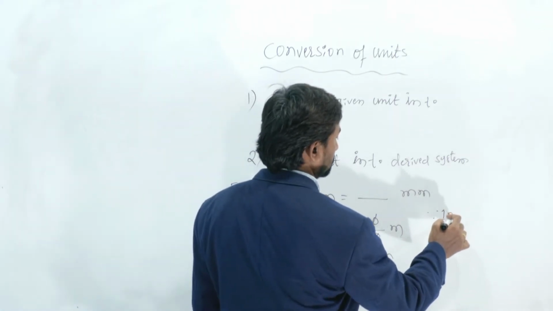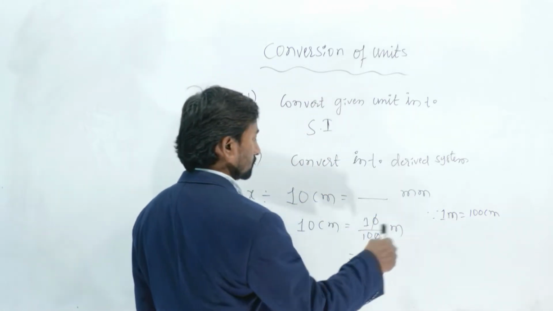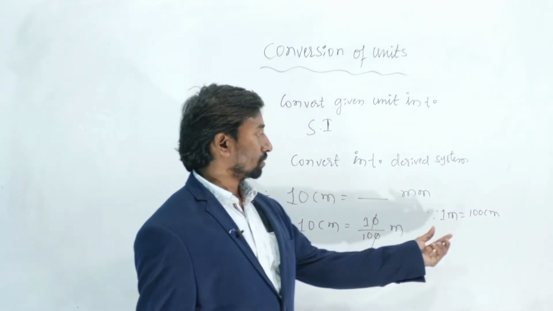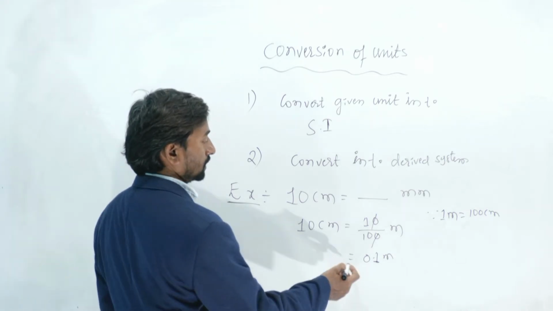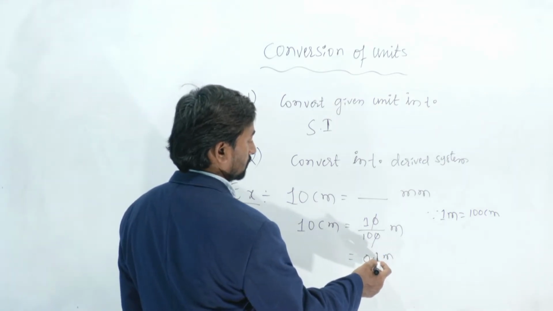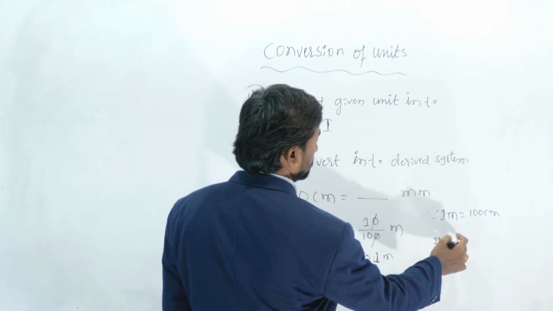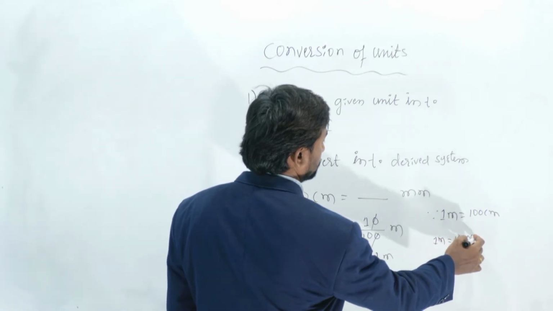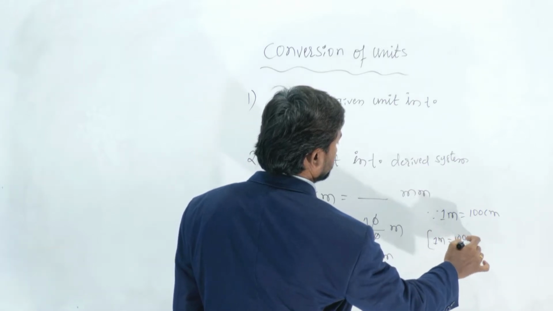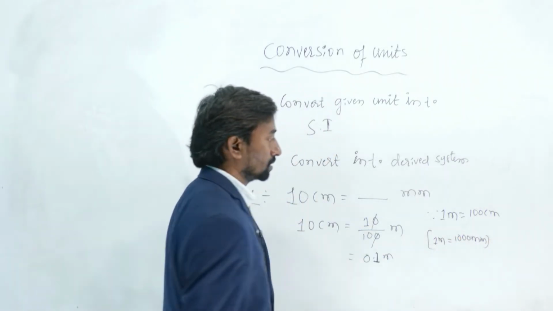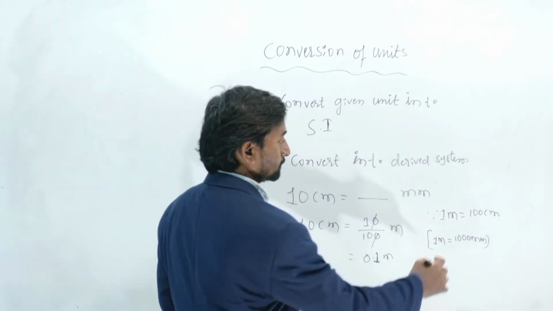How can you convert here? 1 meter is equal to 100 centimeters, so 1 centimeter is equal to 1 by 100 meters. We have converted this into this one. Now we know that 1 meter is equal to 1000 millimeters.